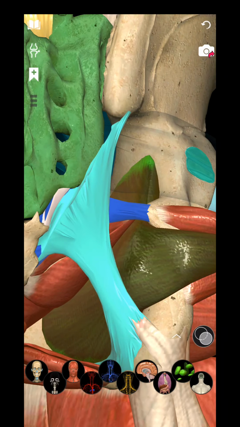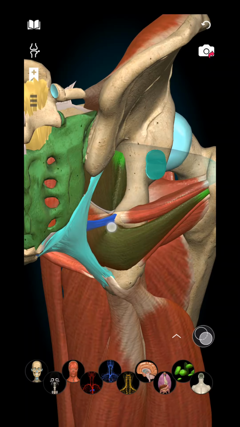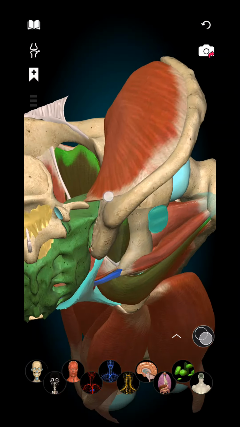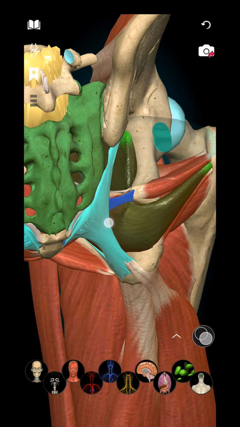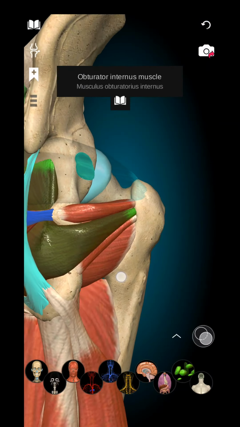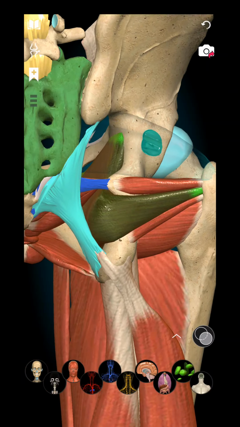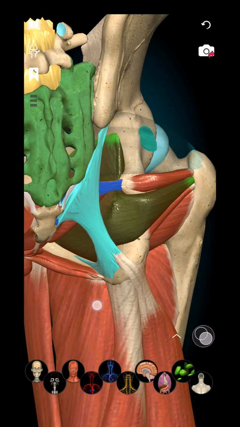I wish I had a mouse pointer with which I could just delineate this area. So you can see from above what is happening to obturator internus. First the fibers go backwards and then they turn here and then they insert here at the rough area above the trochanteric fossa, right?